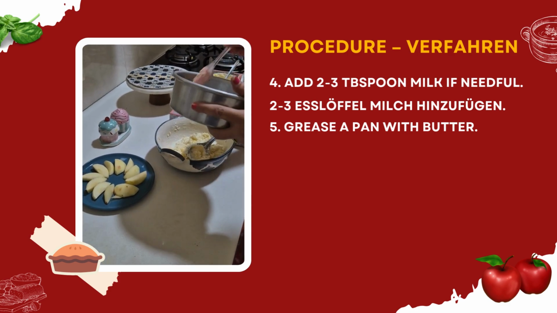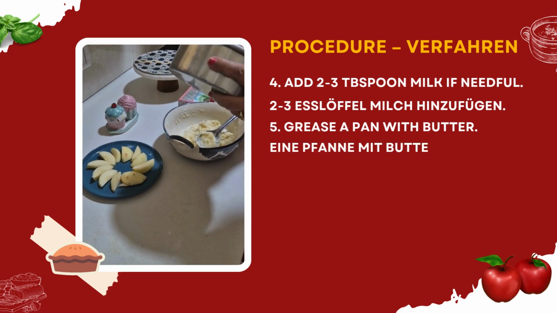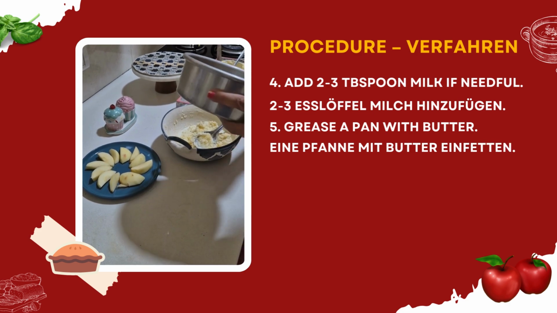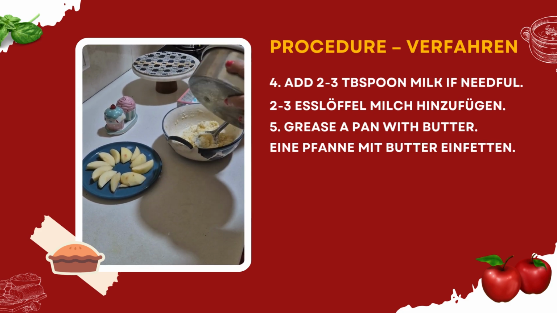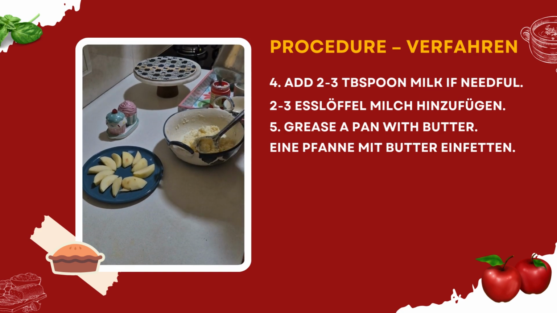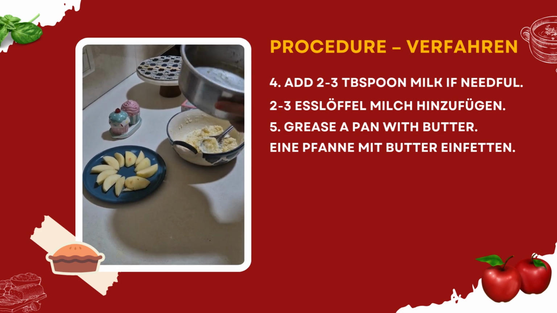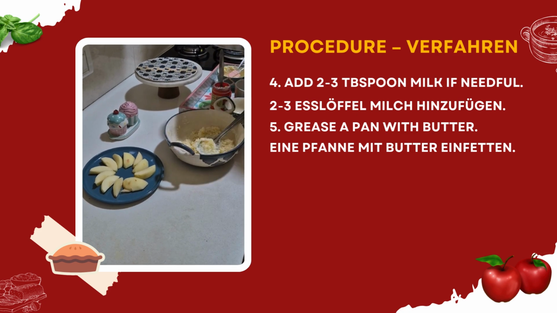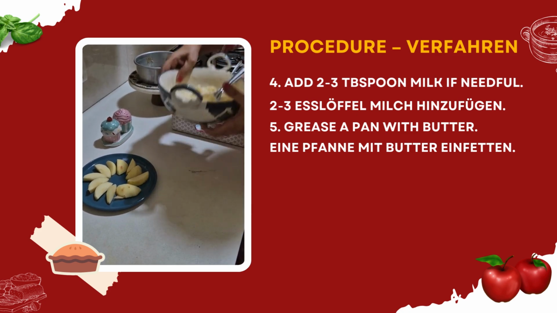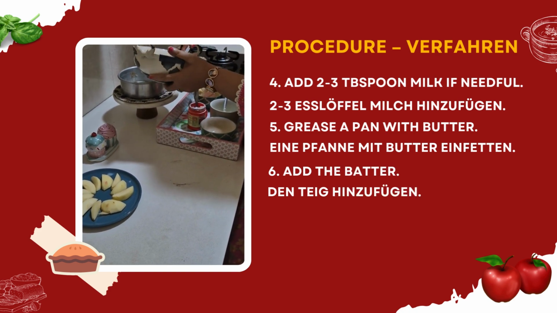So how will you say in German? That is eine Pfanne. Pfanne is pan. Again in our kitchen items we have seen that pan is Pfanne. Eine Pfanne mit Butter. This is called einfetten, meaning to grease it, right? Then Teig hinzufügen, meaning add the batter.